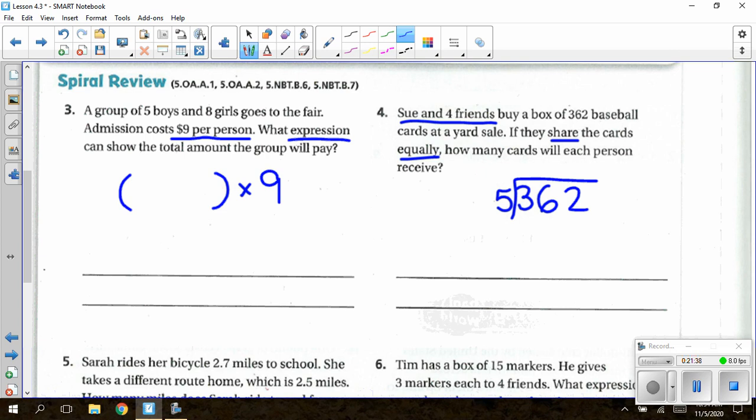And we do also know that if you would just use your remainder, you're going to have a bunch of other cards that are not being divided between the 5 people. So what we are going to have to do is just use our quotient as our answer. Yes, there will be cards left over, but as of now, you would have to assume that those cards would then just be given to someone else.